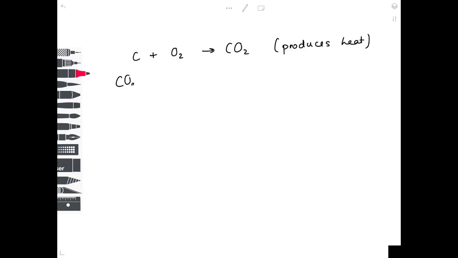Next up, we're going to react that carbon dioxide produced in that step with carbon to produce carbon monoxide, and do make sure you balance the equation. And remember, this is going to be the reducing agent, which is all important as that actually is going to remove the oxygen from the iron oxide.